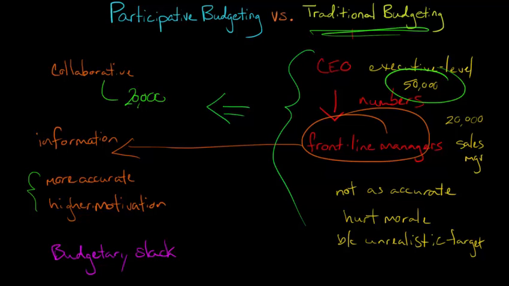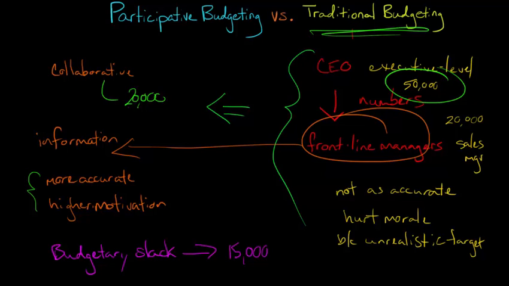But if that's the case, the sales manager might say, you know what, when they're consulted, I think I can get 15,000 units. Right? So if the CEO goes to the sales manager, says, how many units can you sell? Even if the sales manager thinks it's 20,000, they might say 15,000 because they're trying to protect themselves.